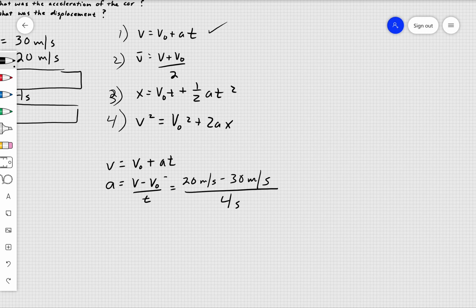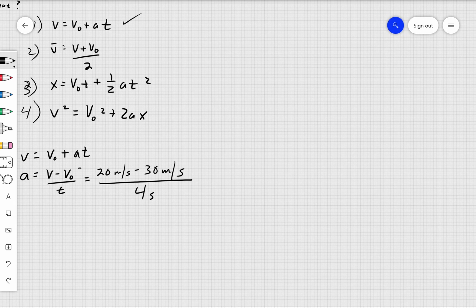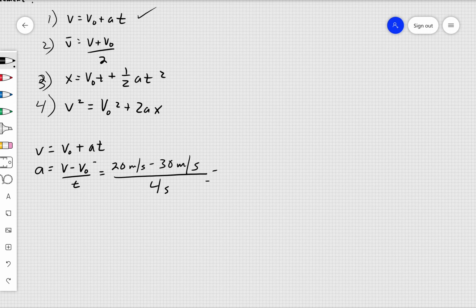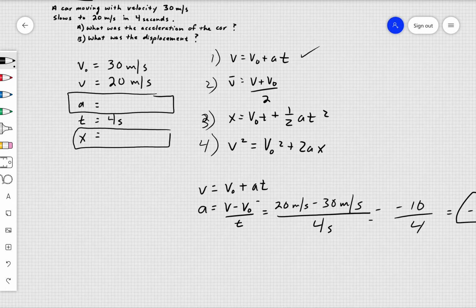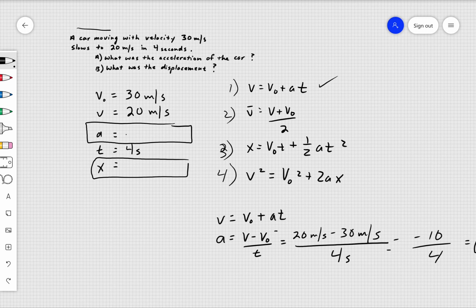So it looks to me like our acceleration is going to be negative 10 over 4, or negative 2.5 meters per second squared. That takes care of part A, negative 2.5 meters per second squared.